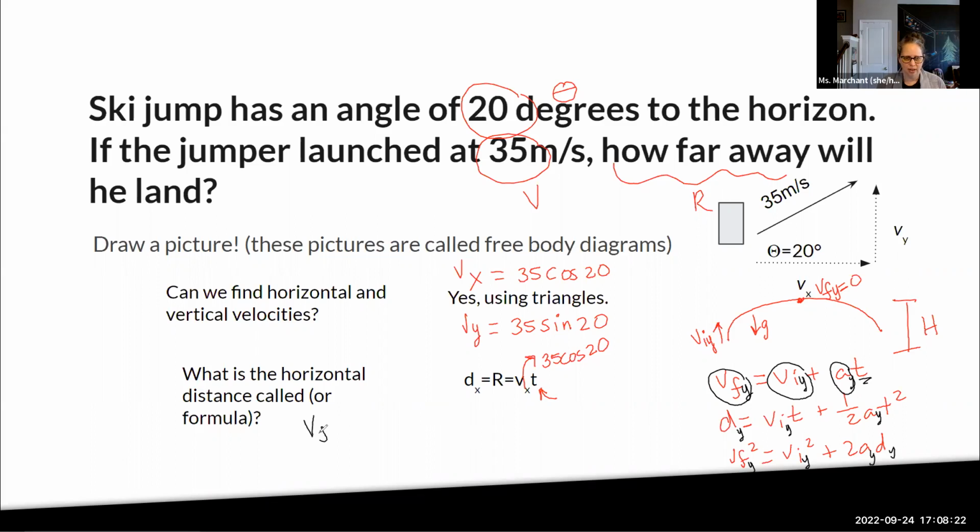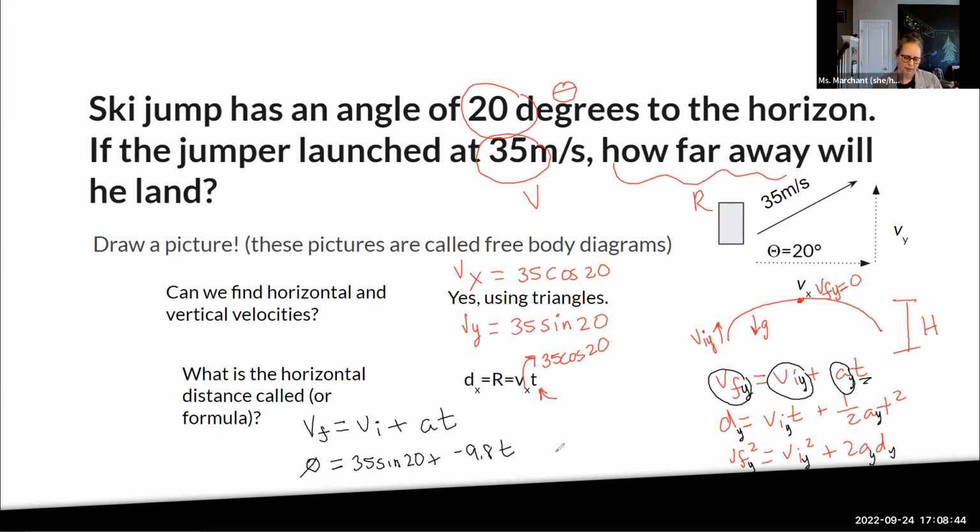So velocity final equals velocity initial plus AT. My velocity final is 0. My velocity initial, 35 times sine of 20, plus a negative 9.8 times t.